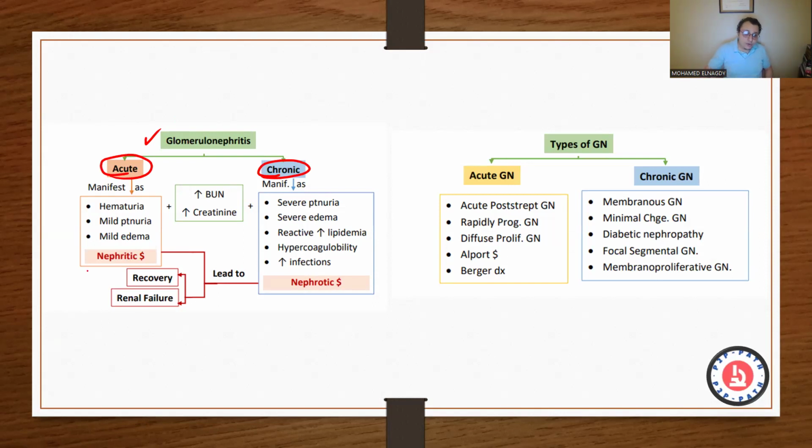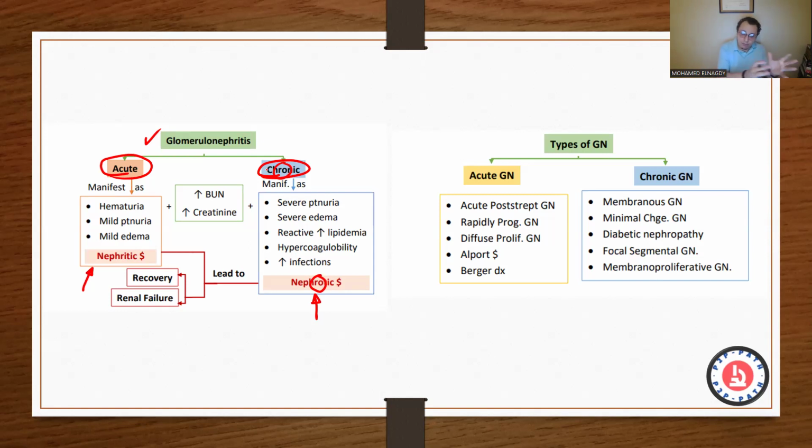The acute glomerulonephritis is the one that presents with nephritic syndrome, and the chronic glomerulonephritis is the one that presents with nephrotic syndrome. That's why I used to say that nephrotic is chronic, so that you remember that chronic glomerulonephritis presents with nephrotic syndrome, and the types of acute glomerulonephritis present with nephritic syndrome.